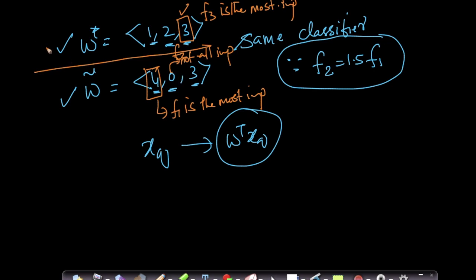So the conclusions that you arrive at between this W star and W tilde are completely changing, and all of this havoc is happening just because your features are collinear.